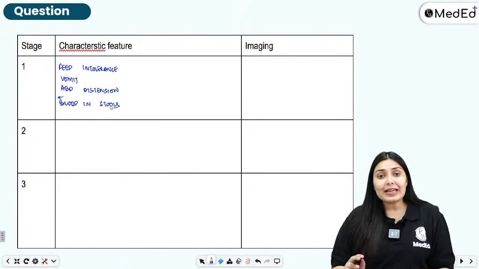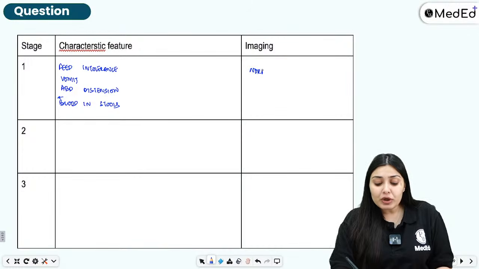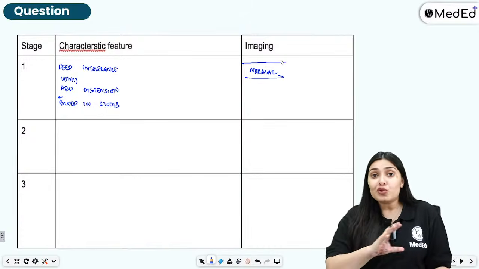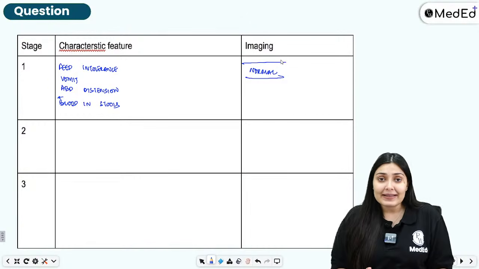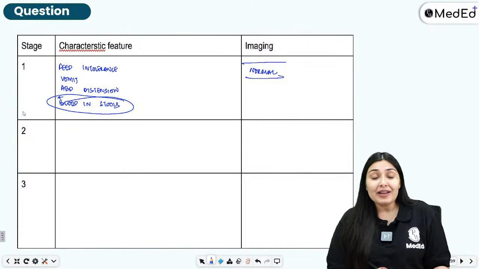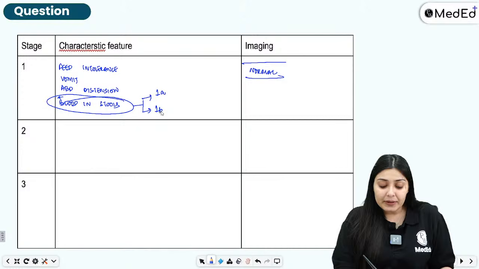In this first stage, you won't see much change in the imaging. So the imaging might come out to be normal over here. Just the gut lining is starting to get inflamed. So you see all of these clinical signs. Depending upon the presence of blood in the stools, we can classify the stage into two categories, 1A and 1B.